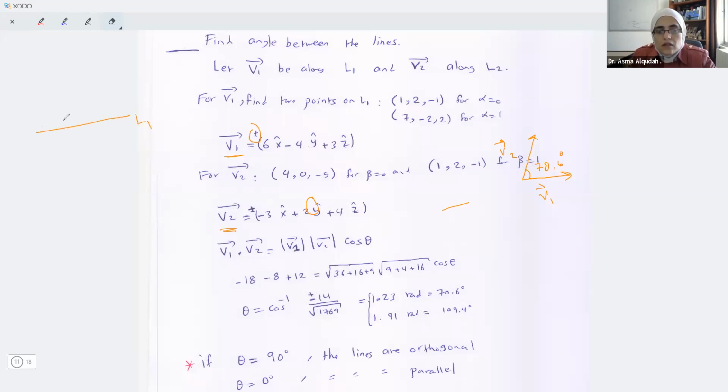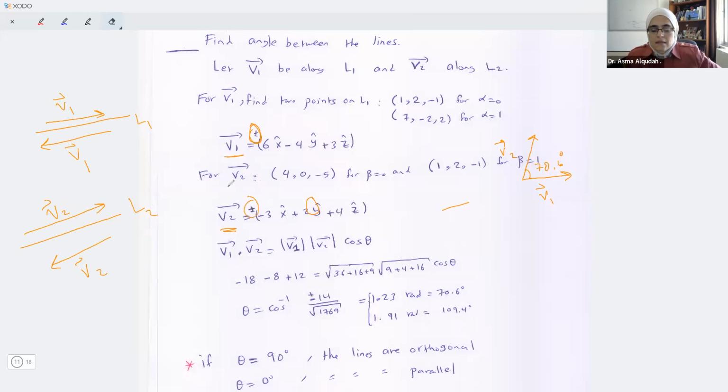The vector that is parallel to L1 could be this vector V1 or this vector. Both of them are parallel to L1. The same holds for vector V2. If this is L2, then this could be V2 or this. So we give both V1 and V2 this plus minus sign.